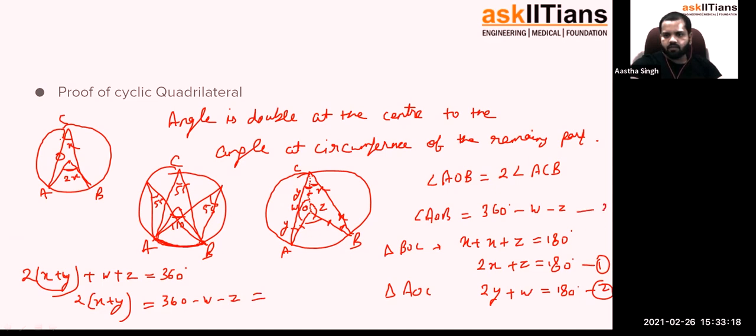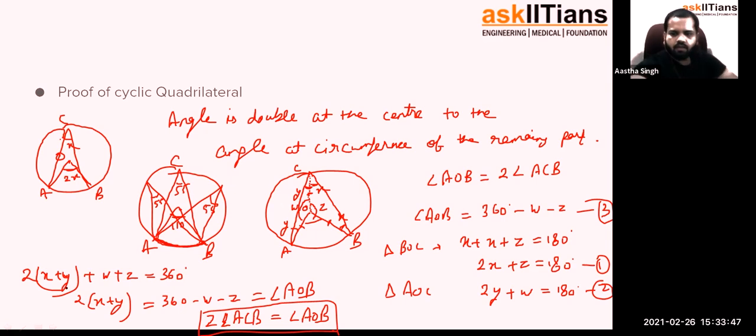This is your angle AOB. And what is x plus y? It is nothing but angle ACB. So twice angle ACB is equal to angle AOB. Hence proved, right? So the point is the angle at the center is double the angle at the circumference of the remaining part of the circle, right?